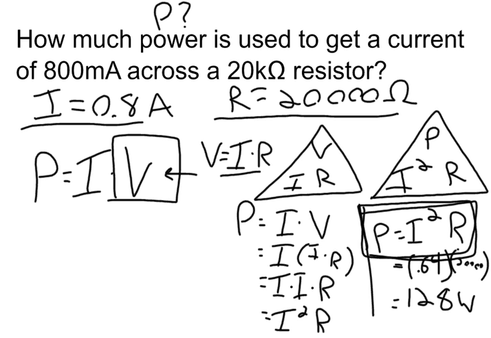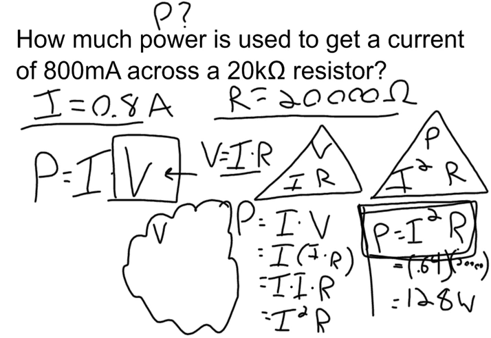But if we like working with numbers instead of working with algebra, let's just say I'm going to take a little detour and solve for V. V is equal to I times R. I is equal to 0.8 amps.